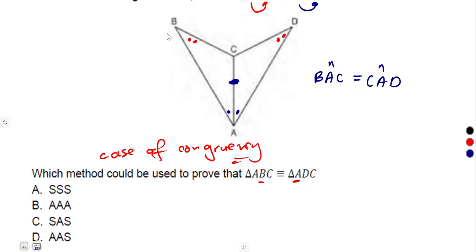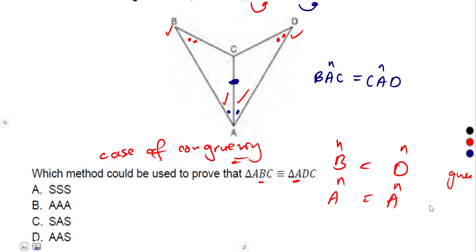Angle B and angle D, they told us angle B is equal to angle D. Then we saw that the angle at A in this triangle, and the angle at A in the other triangle, are exactly the same from this part. Then there is the line AC, which is common. It is the same thing for both triangles.